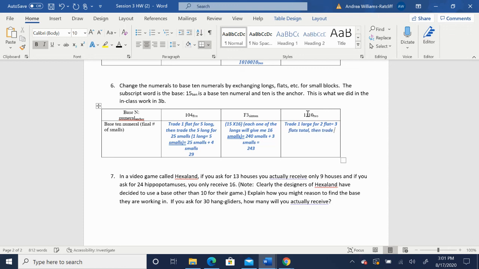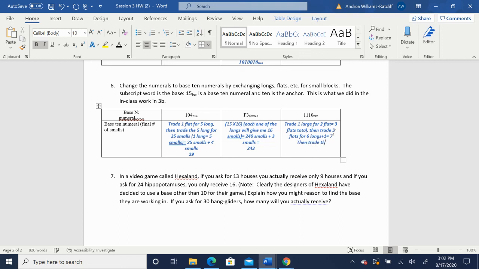Then trade 3 flats for 6 longs. Every time I exchange 1, I'm going to get 2 for them, so I'm doubling the numbers. Plus the 1 long already there, I now have 7.